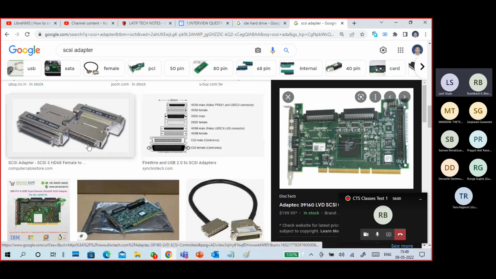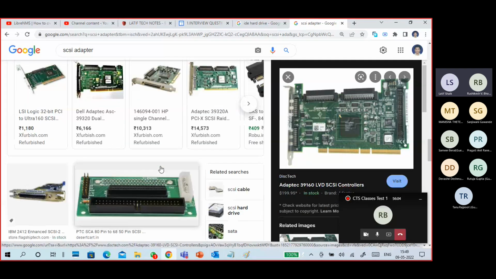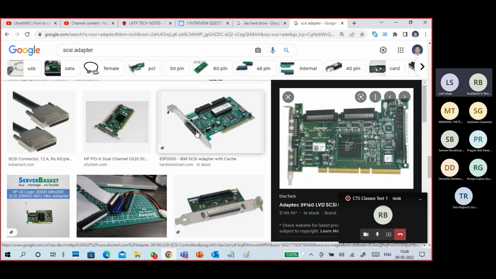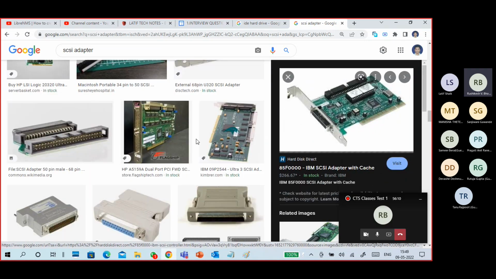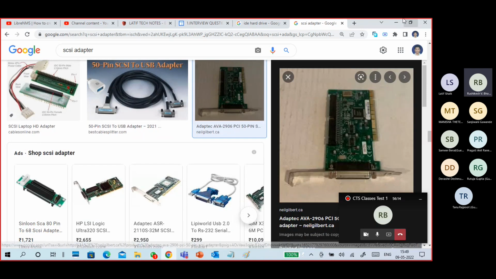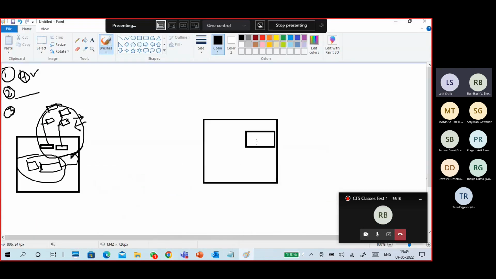Different types of connectors are also there, to connect different types of devices. These are connectors and adapters. It is a SCSI adapter. What is this SCSI adapter? We can directly insert it into your motherboard.